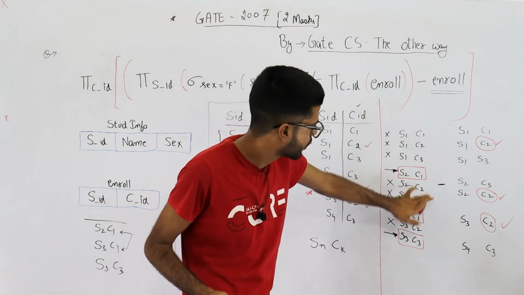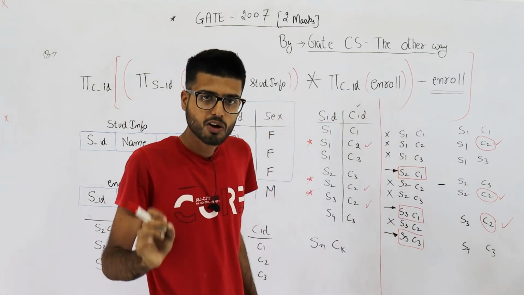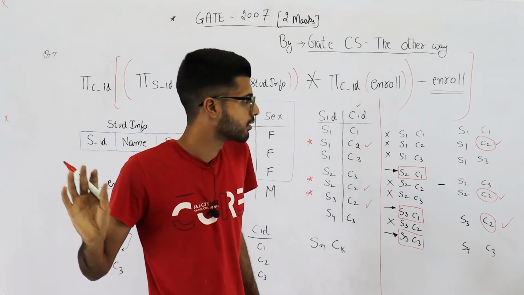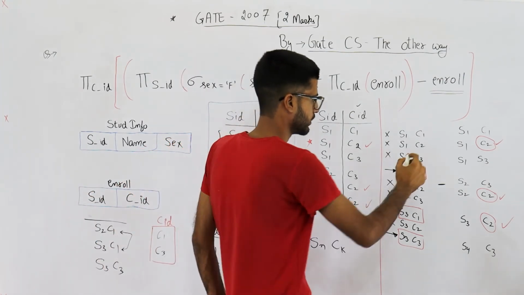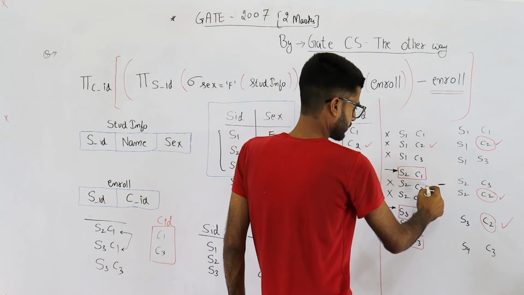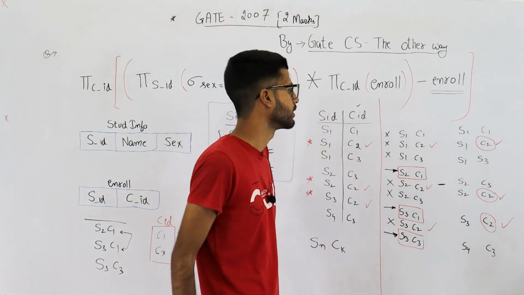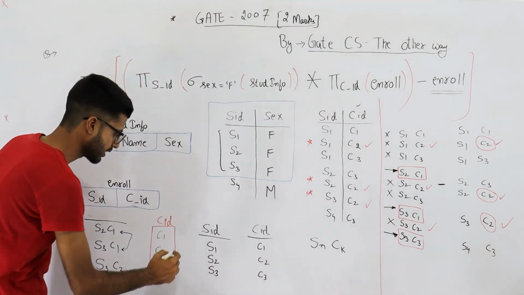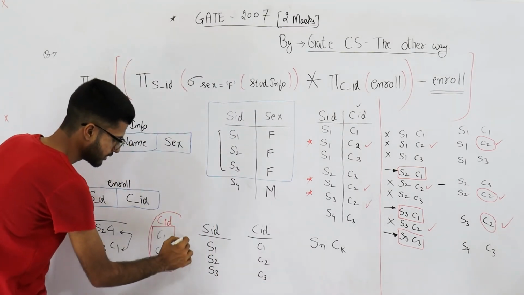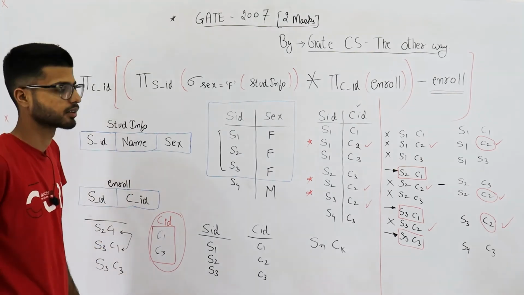So from this cross product, all the entries containing C2 will be completely eliminated. This one, and this one, they will be removed. That means there's no chance we could get C2 in the result.